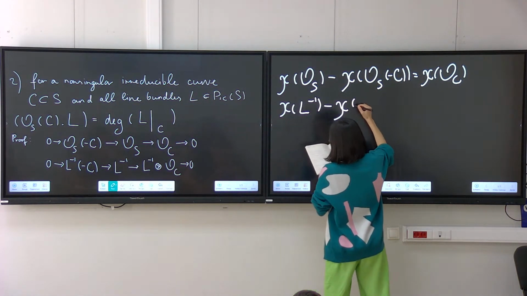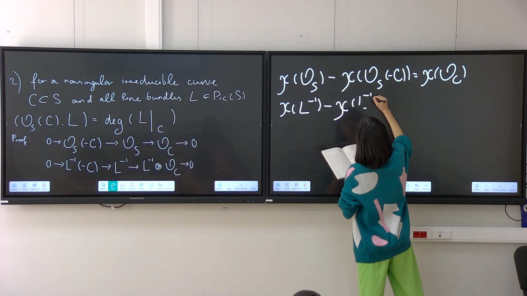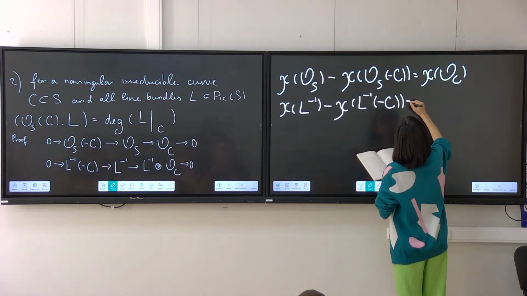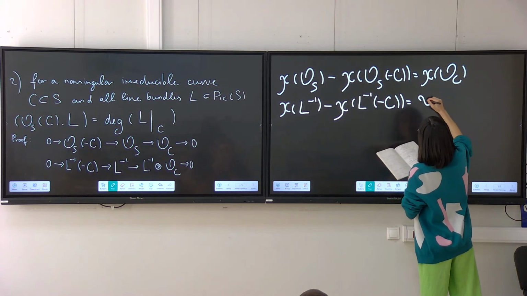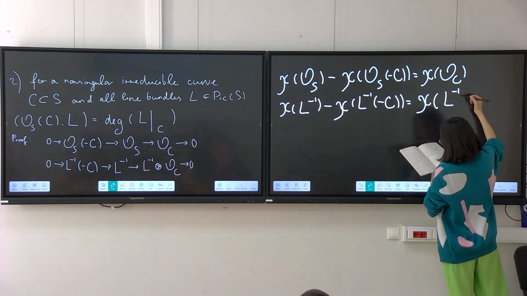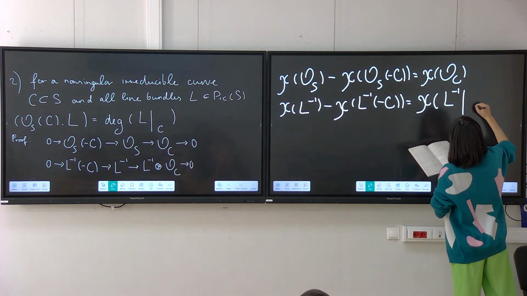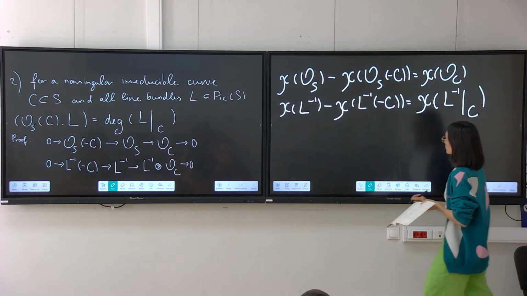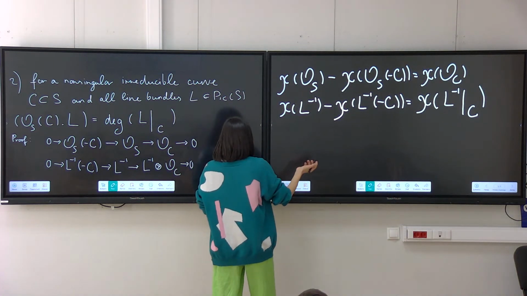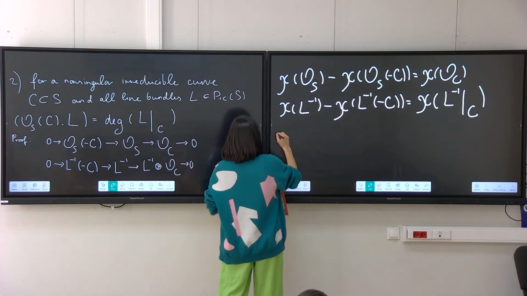Minus Euler characteristic of L minus 2 minus C is equal to this. And now, what does this mean?